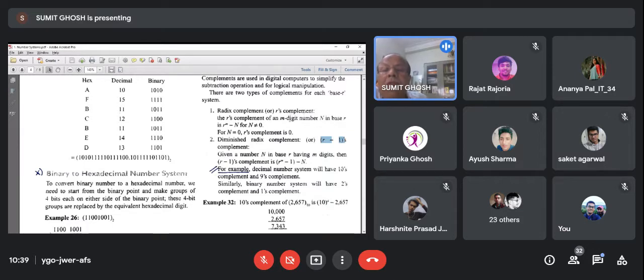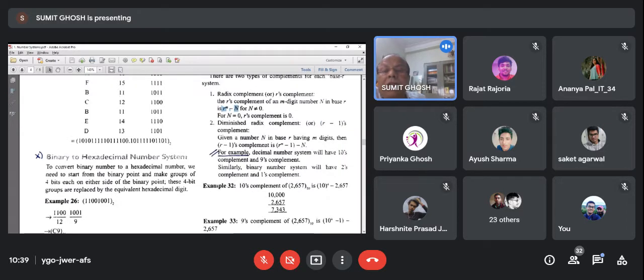So if you have the R's complement, for any R's complement, 2's complement or 10's complement, whatever, it is defined for n not equal to 0.